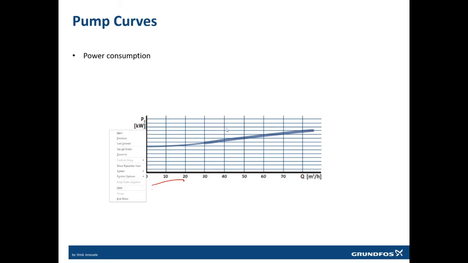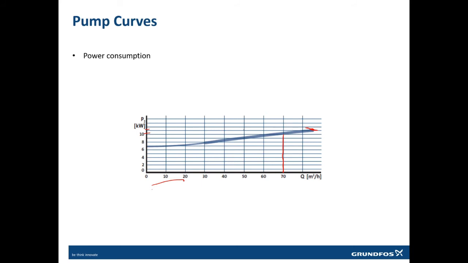But if I say I will be maximum working this pump at 70 meter cube per hour, that means I will not go above 10 kilowatt, whereas the maximum power this pump can take is 11 kilowatt. So you need to make sure that the motor which is attached to this pump is bigger than this point. That is not always required, but it is good to have. That means your pump will never overload.